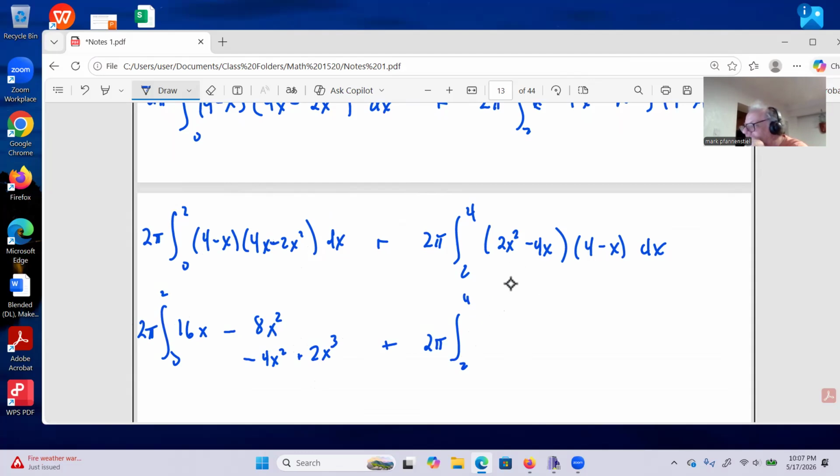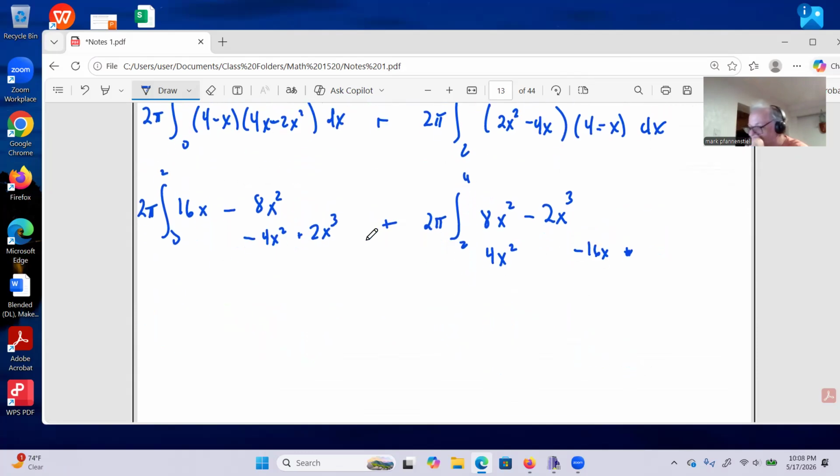This is going to be an 8x squared, minus a 2x cubed, and then a minus 16x, and a plus 4x squared. So I'll line those up so I can add them up easily.